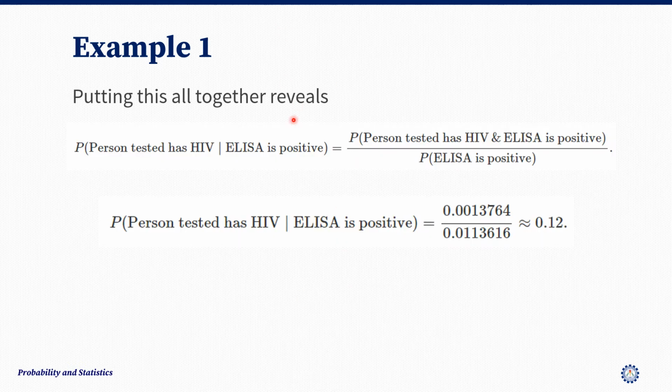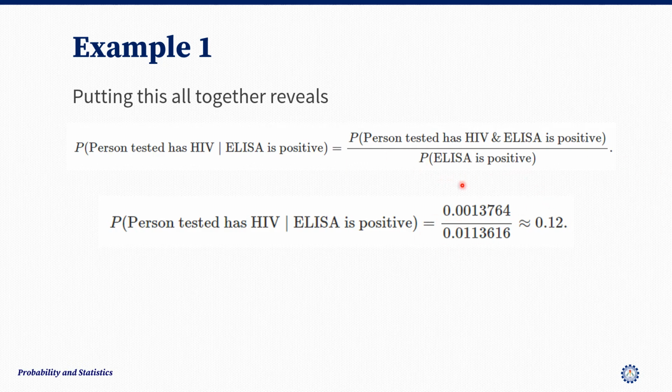So putting this all together reveals that the probability of person tested has HIV given ELISA is positive is equal to the probability of person tested has HIV and ELISA is positive over the probability that ELISA is positive.